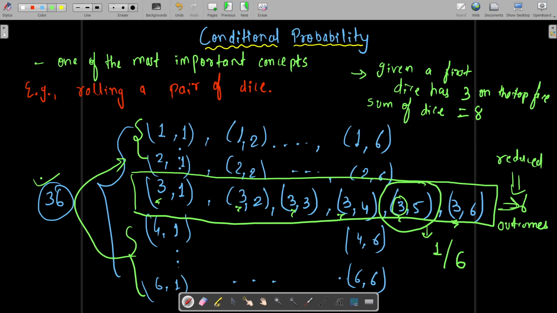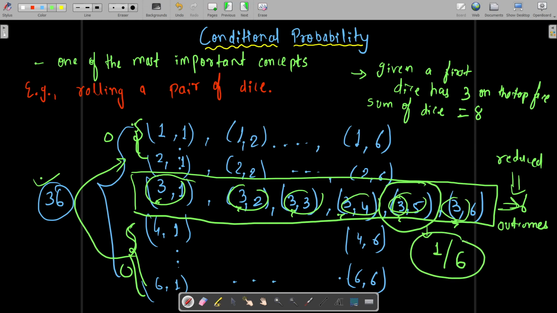Now let me just write it this way: the conditional probability of these 30 points is 0, whereas the conditional probability of each of the outcomes, like this one, this one, this one, or any single outcome, is 1 by 6, right?